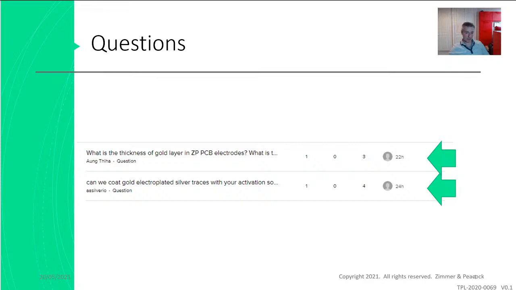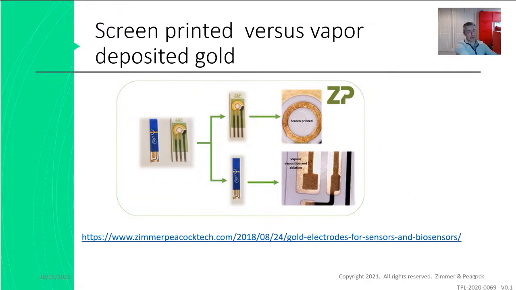Just to say that we've been putting material out about gold electrodes for quite some time. It's probably worth saying that we were putting out information on gold electrodes starting in about 2018.